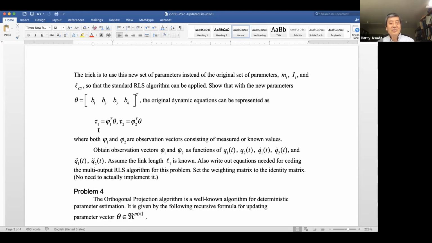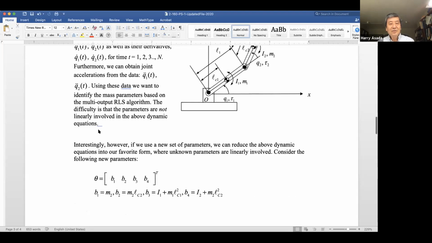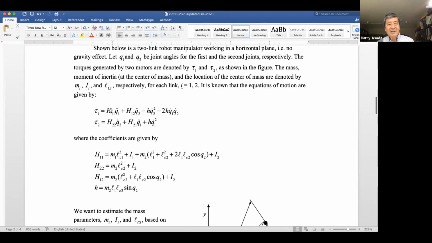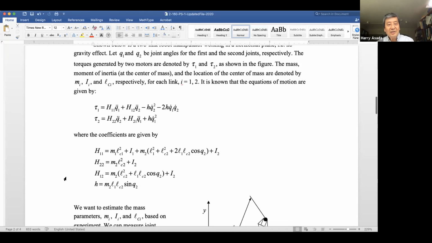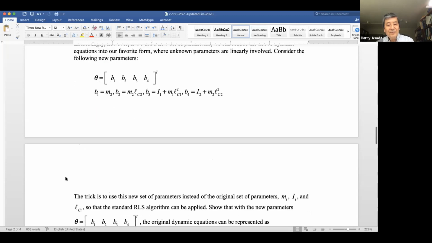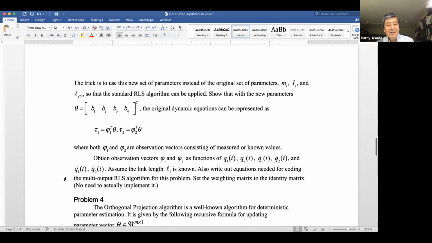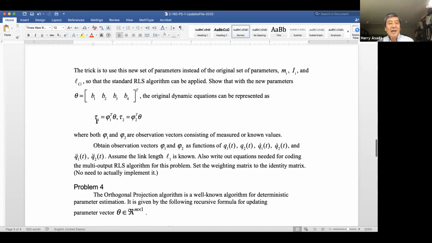For the first equation, you remember it is a very lengthy equation and the parameters are involved as written over here. It turns out that this equation can be written in this way: tau 1 equals some regressor vector phi1 times theta.